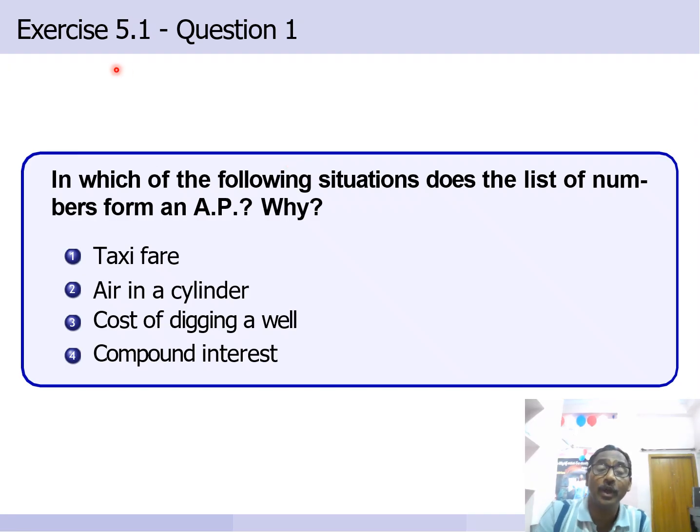Now exercise 5.1, question number 1. In which of the following situations does the list of numbers form an AP? Why? Taxi fare, air in a cylinder, cost of digging a well, compound interest.